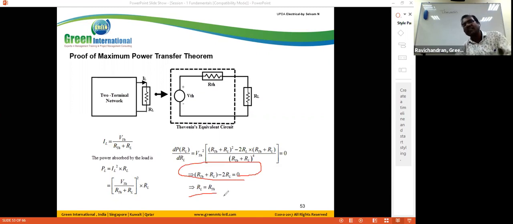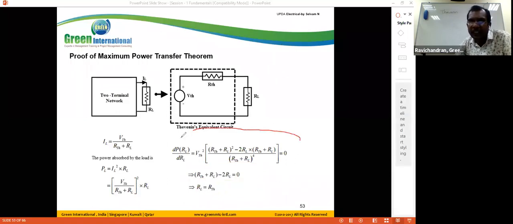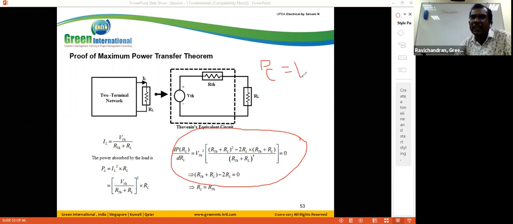So that's why we say the condition for maximum power transfer is RTH equal to RL. Similarly, the same equation is applied in copper loss equal to iron loss.